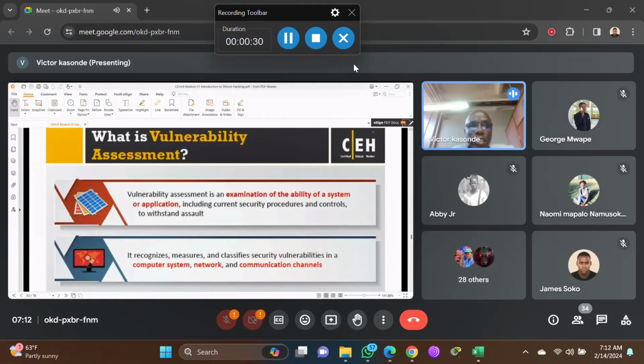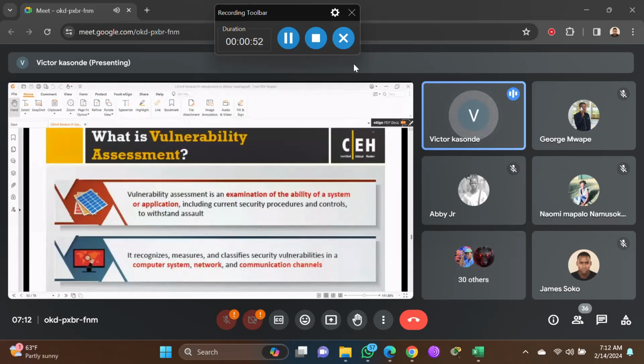We have started the vulnerability assessment, where we asked what vulnerability assessment is. I think a lot of people contributed to that question.